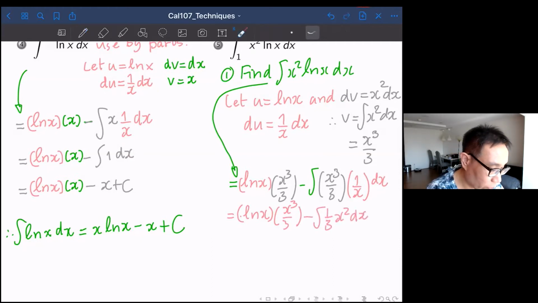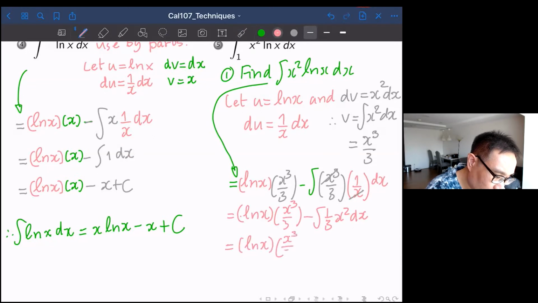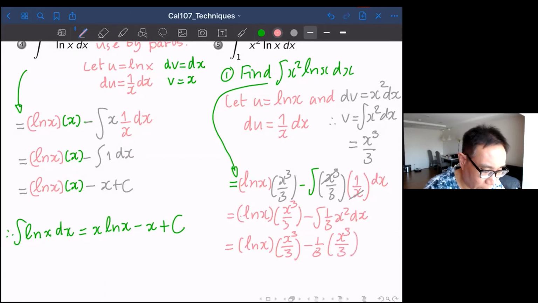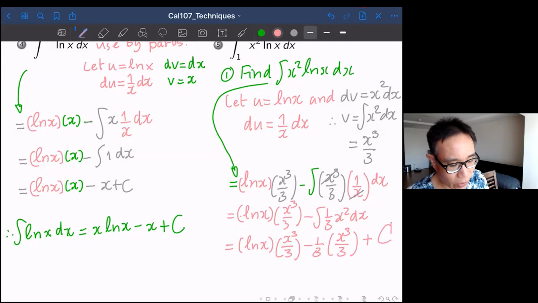Okay, so you get rid of x cubed and x here, so you just have 1/3 x squared, and so you get log x times x cubed over 3, minus 1/3 times the integral of x squared, so it's going to be x cubed over 3, okay, and then you're going to plus c. So this is how we obtain the antiderivative.